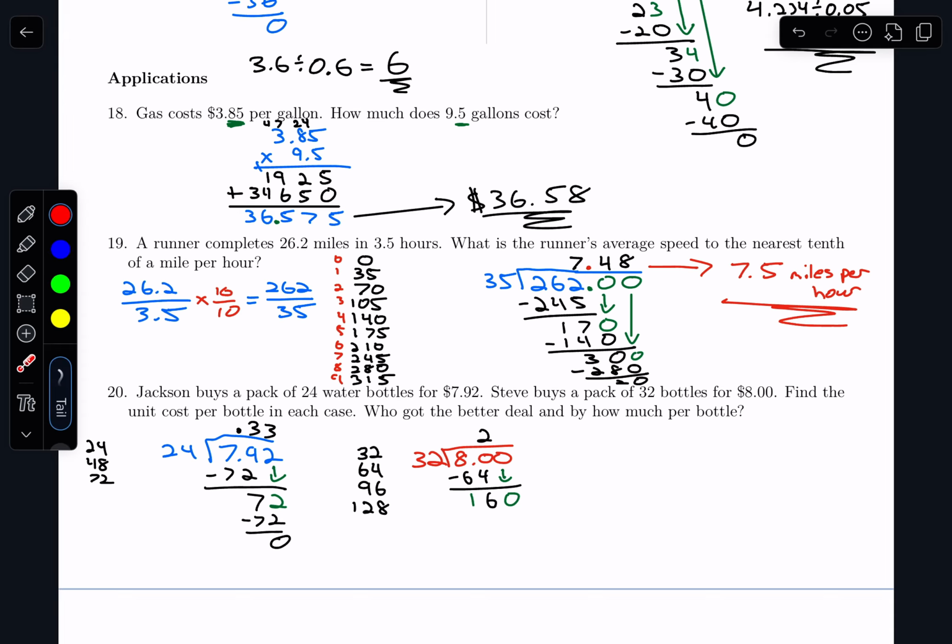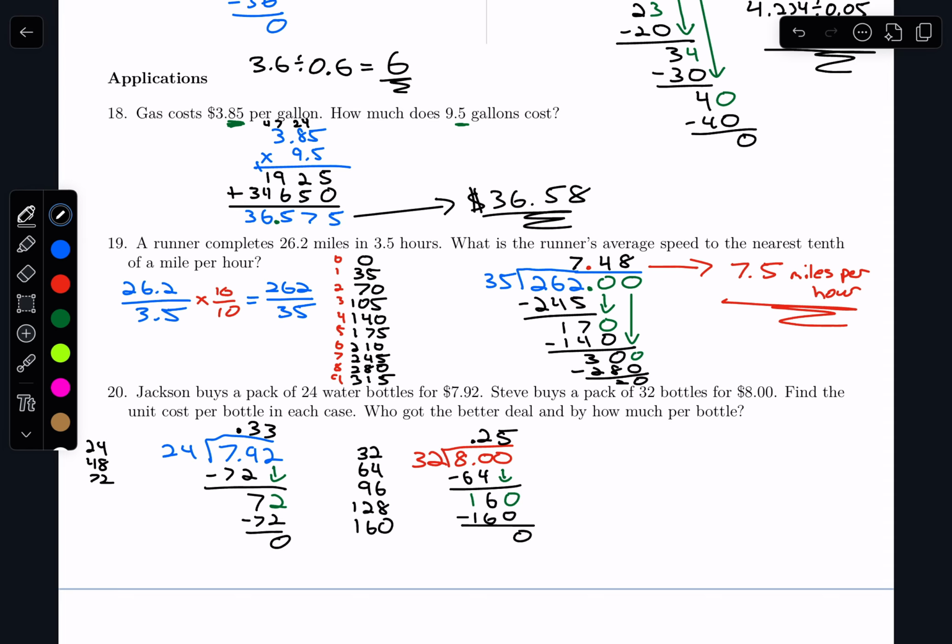If I add 32 to 128, that is going to take me to 160. So now we have a big enough number. 160 is the fifth multiple, so I'm going to put a 5 up top. 5 times 32 is 160, so I subtract, I get a remainder of 0. And then I go ahead and put my decimal in my answer right before the 2 because it's right above the decimal in the dividend.